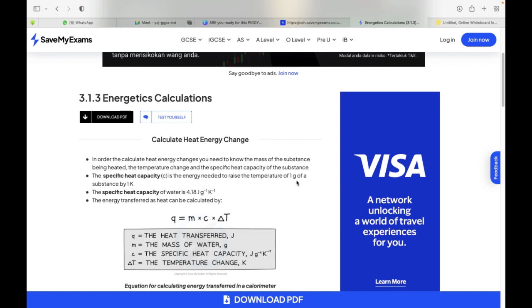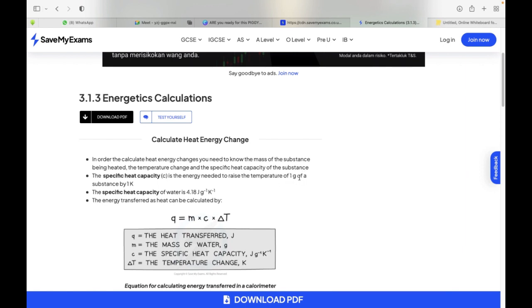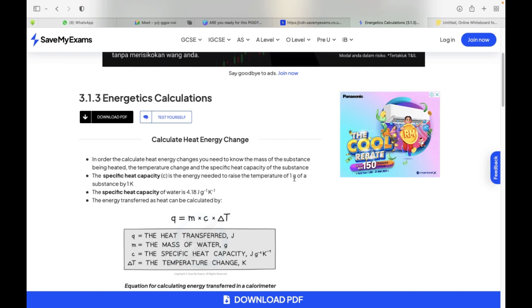If you are using gram, you have to be consistent throughout. So if you are using gram, you use centimeter cube and Kelvin. But if you are using kilogram, you use meter cube for volume and degree Celsius. So you have to be consistent. But it doesn't matter. We can easily convert units from one form to another.